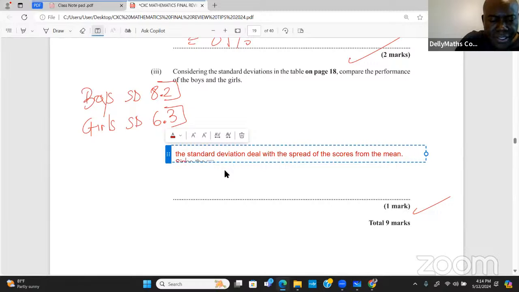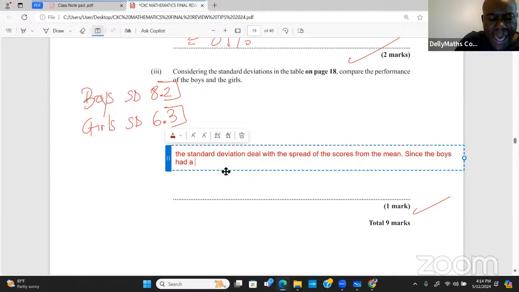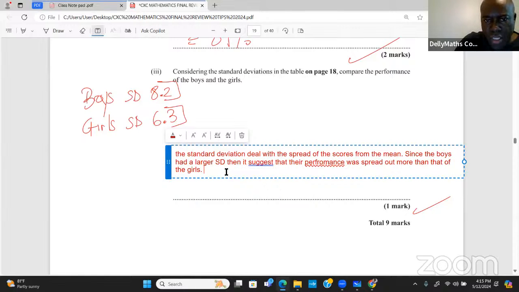So I'll say since the boys had a larger SD, I'm just going to say SD for standard deviation, then it suggests that, so we're talking about how they performed, that their performance was spread out more than that of the girls. That's all. So that will answer.